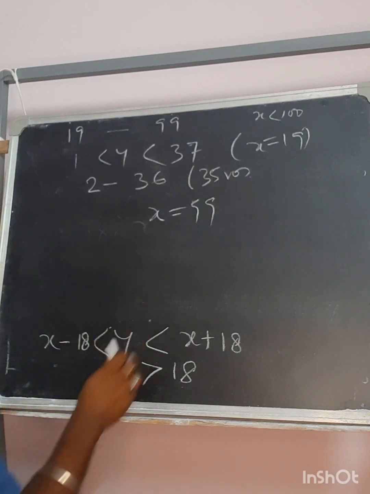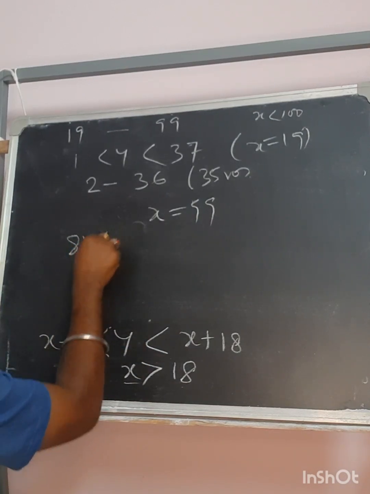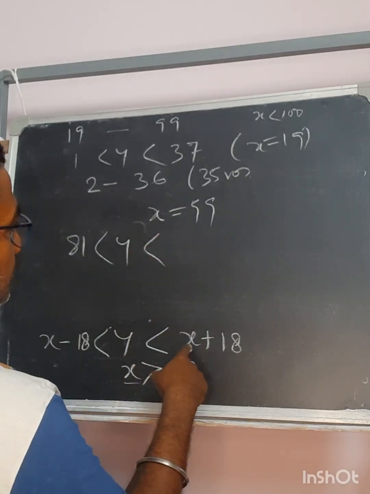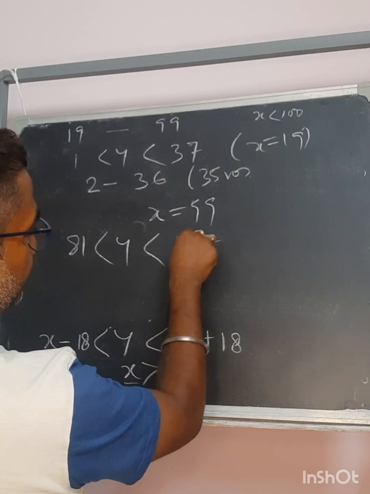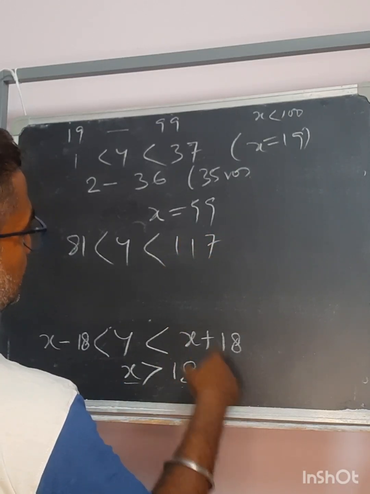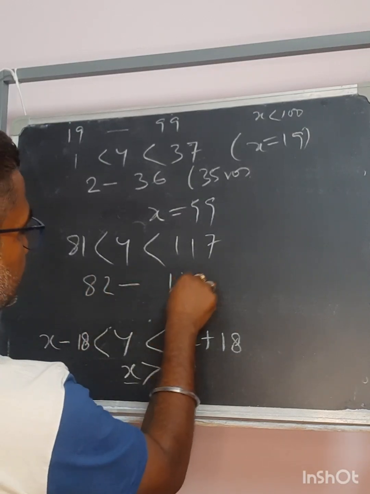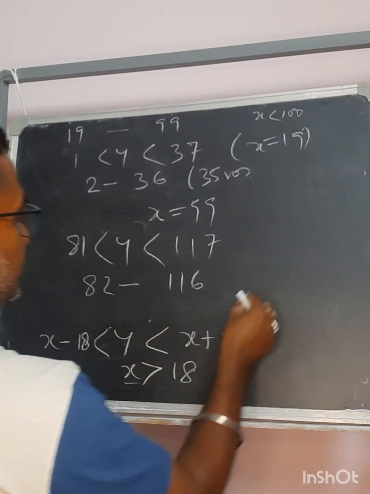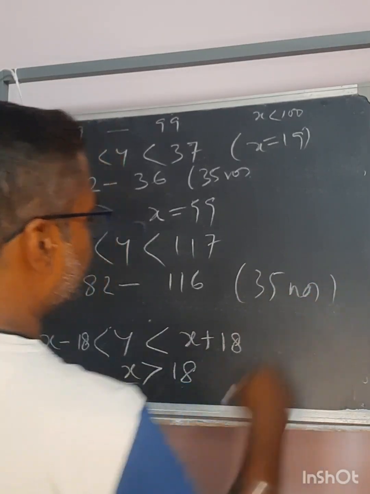Then it will be 81 less than y less than 99 plus 18, that means 117. So the range will be 82 to 116. If I see it, it will also become exactly 35 numbers of solutions.